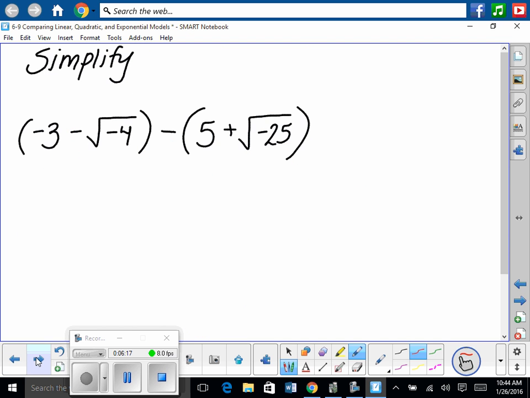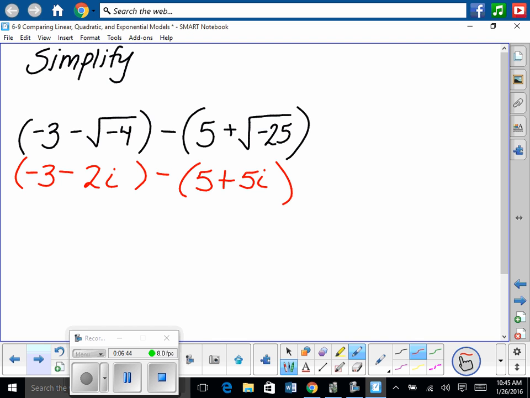Okay, sweet. Moving on. Yesterday we learned this as well, so I just want to review with you. This is a complex number subtract a complex number, but it's just a fancy complex number. Negative 3 minus, what's the square root of negative 4? 2i. Not negative 2, 2i. Very good. Subtract, we have a 5 plus, what's the square root of negative 5? 5i. Do not multiply.